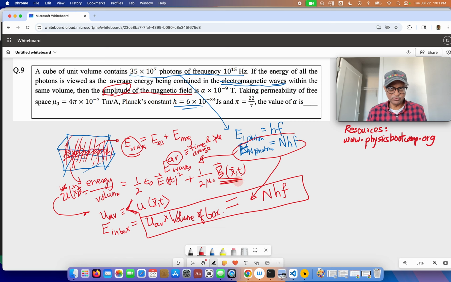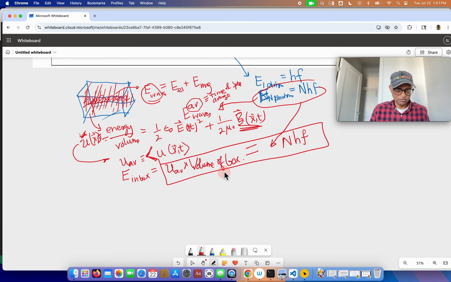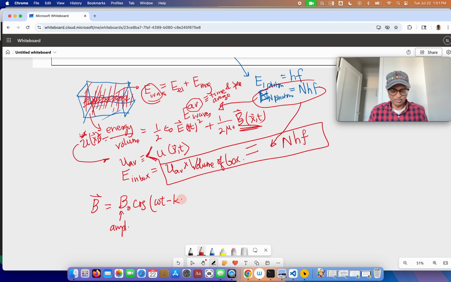So when you have a magnetic field, we can represent it as some amplitude B0 times cosine of omega t minus k dot x.